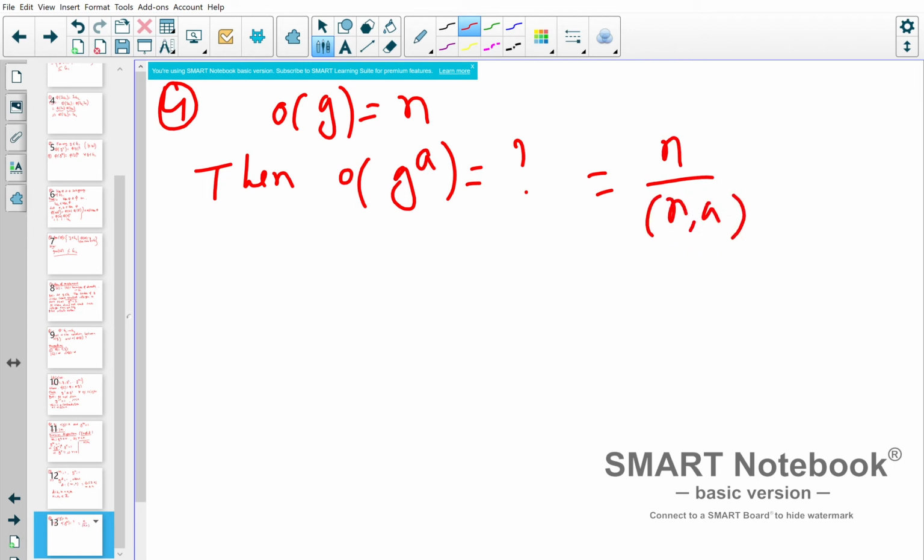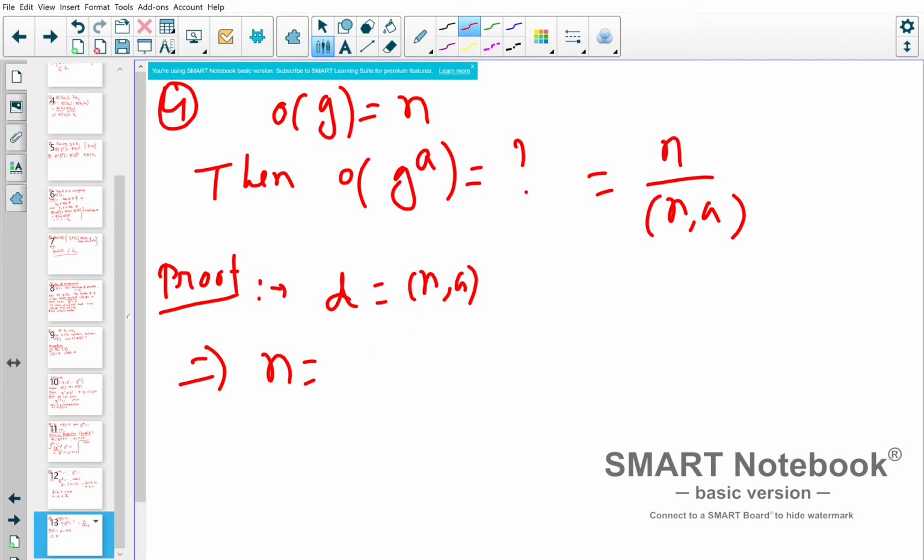Now how do you prove this kind of thing? These proofs are also not very difficult. You just write down d equal to GCD of n and a, and that tells you that n equals some d1 times d and a equals some d2 times d, right?